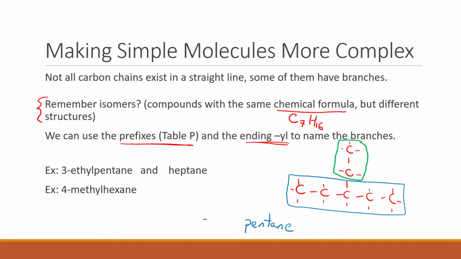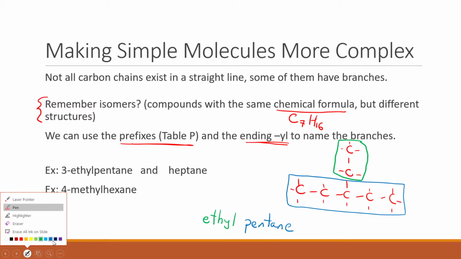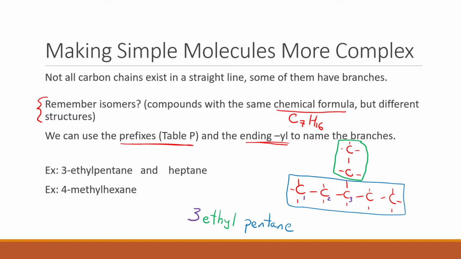So this is going to be ethyl pentane. But ethyl pentane isn't quite enough. We need to make note of which carbon the chain is on. So 1, 2, 3. This is on the 3rd carbon, so it's 3-ethyl pentane.